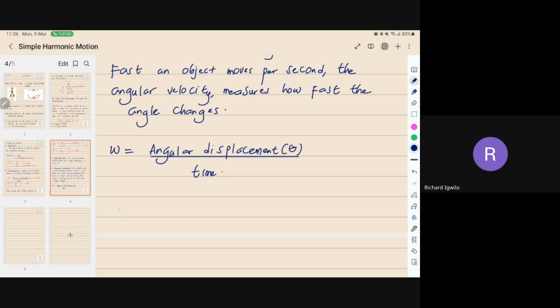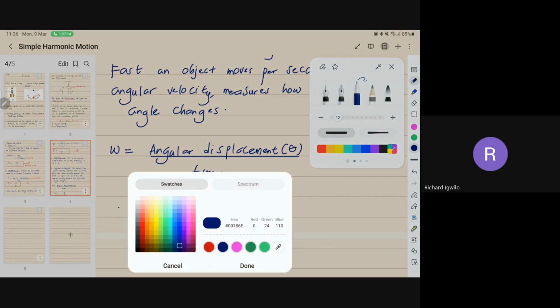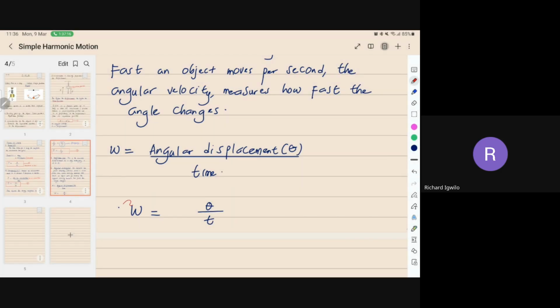So mathematically, omega is equal to theta over t. This is our equation what? Equation 5. Yeah, okay. I have people following. This is equation number 5.